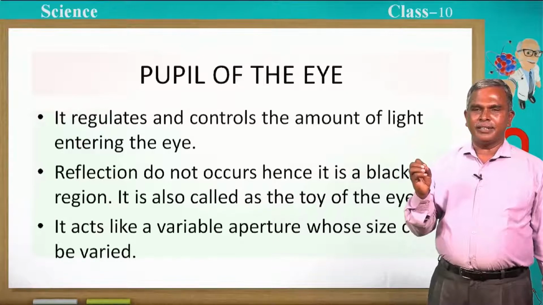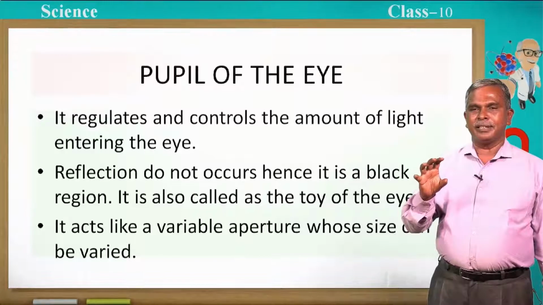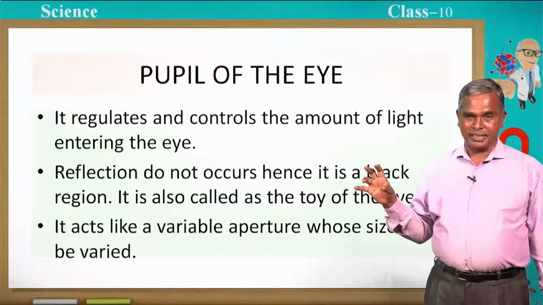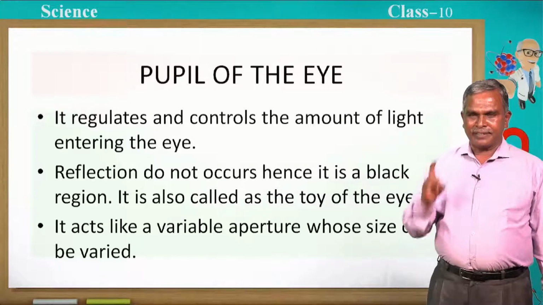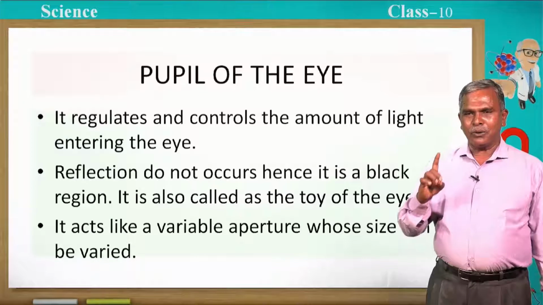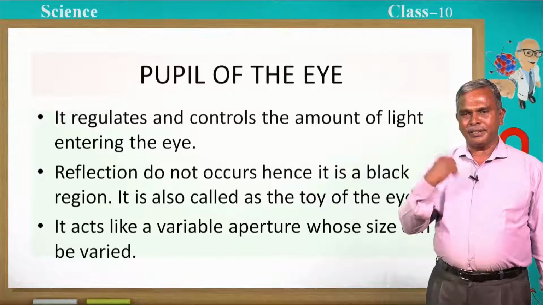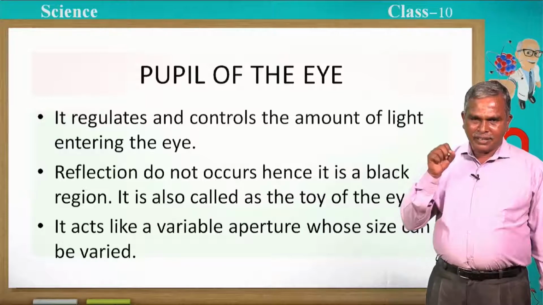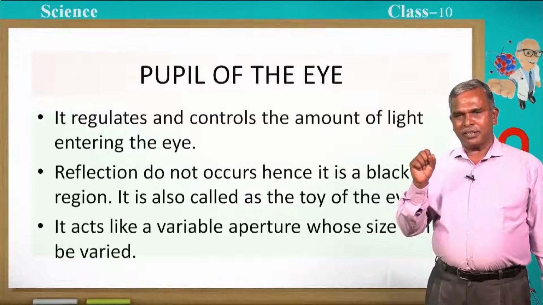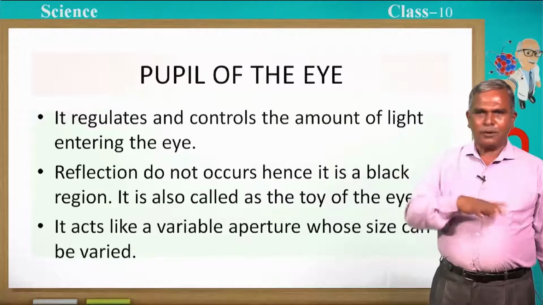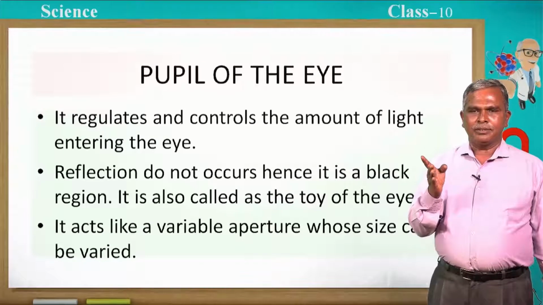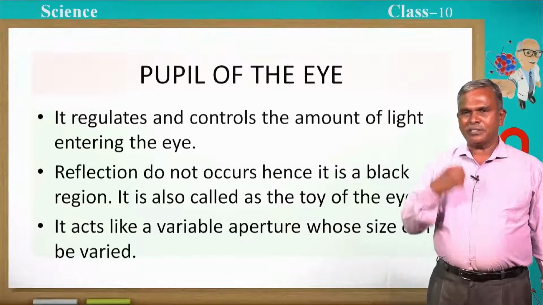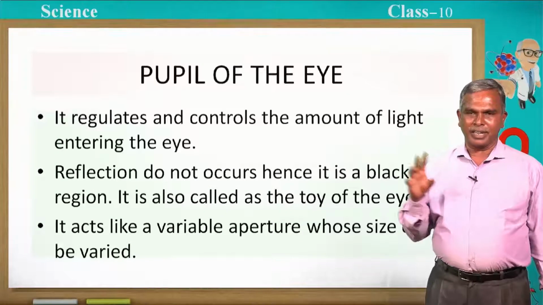Within a few seconds, you can see the entire theatre properly. So, whenever it is necessary, it allows more light to enter, and if it is not required, suppose you come from a dark room to the outside, at that time the light is more, so it allows less light into our eye.